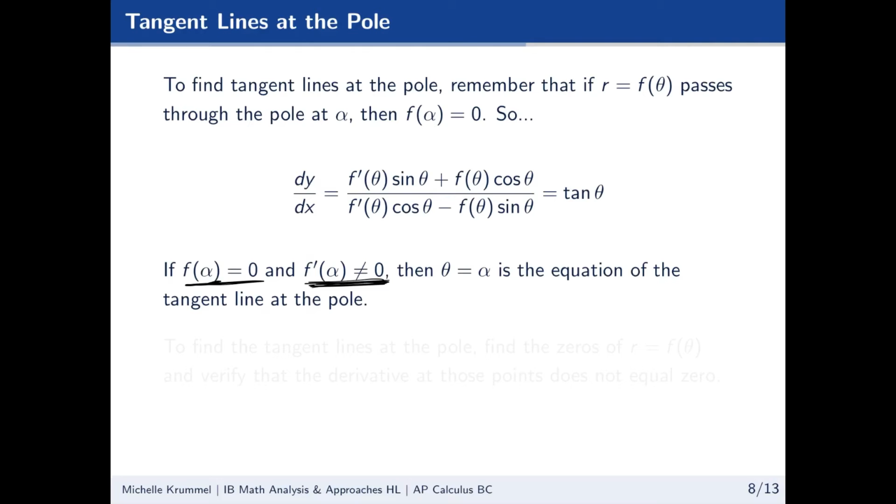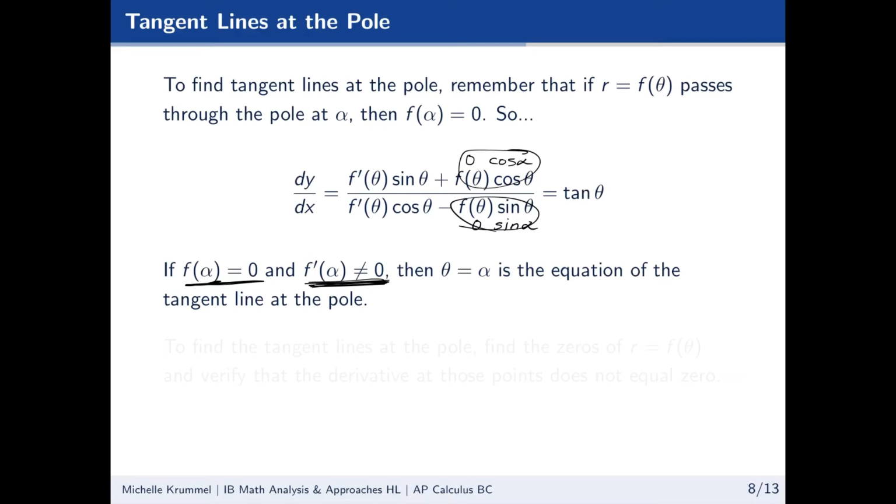So if we rewrote our dy dx equation here, substituting alpha in for the theta, we know this would be 0 times cosine of alpha, and this would be 0 times the sine of alpha. So this whole term would just be 0, and this whole term would just be 0.